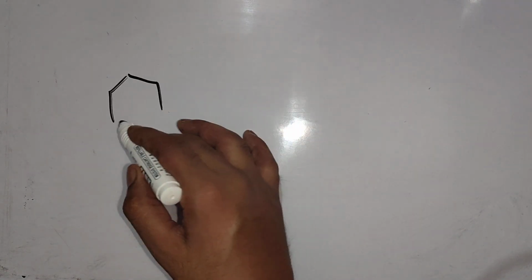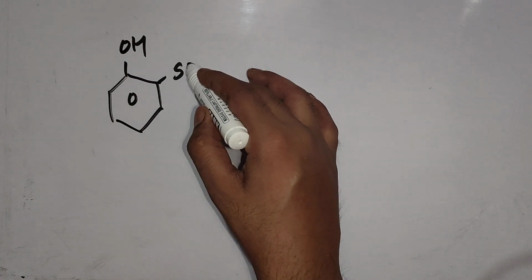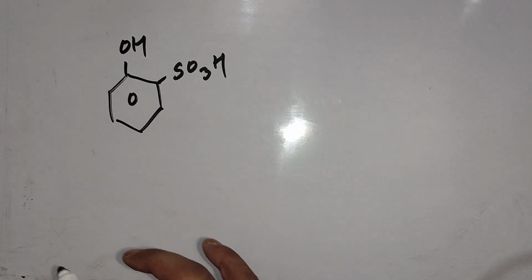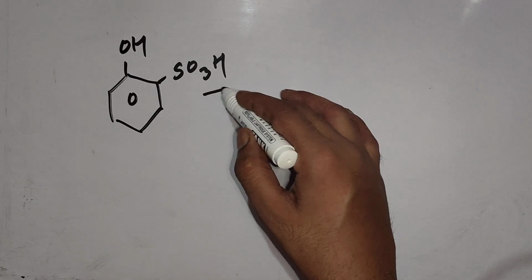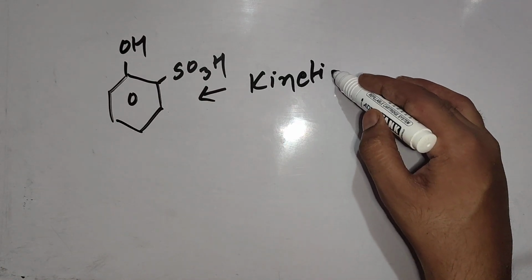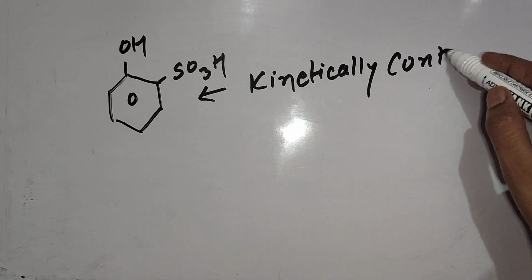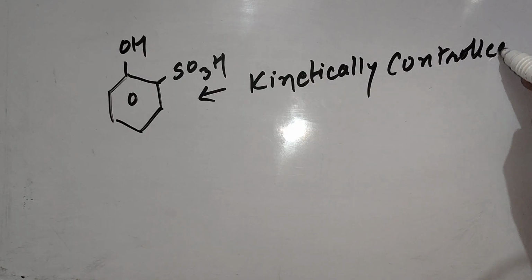The product which is ortho substituted here, this one, orthophenol sulphonic acid, the book is saying this is kinetically controlled. Means at low temperature, the kinetically controlled product is a major product.